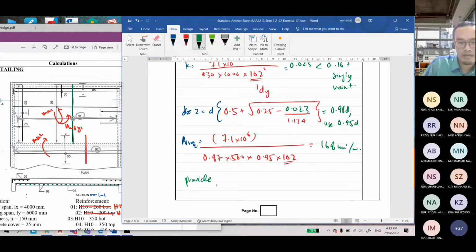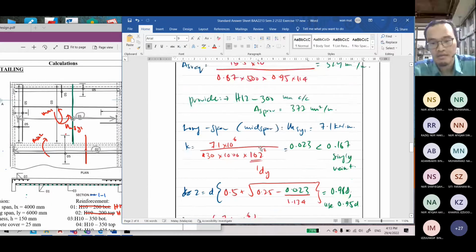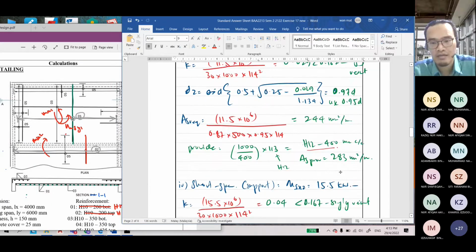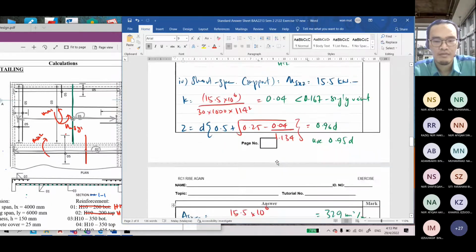So this one we better provide the maximum spacing, center to center. So AS provided is equal to, just like the midspan of this one, 283.